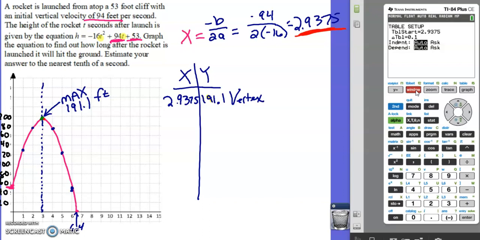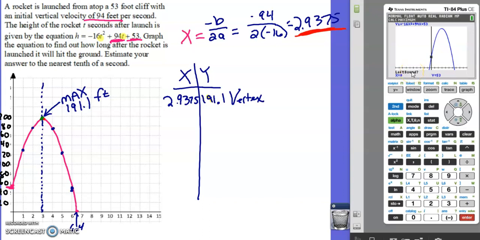Now, another way to do this is to look at your graph. We could just go to second trace and find the maximum value. This is another way to use our calculator, and it's going to ask you, see this question right here, left bound? So we move the cursor to approximately where the vertex is, the highest point, and go a little to the left of that.